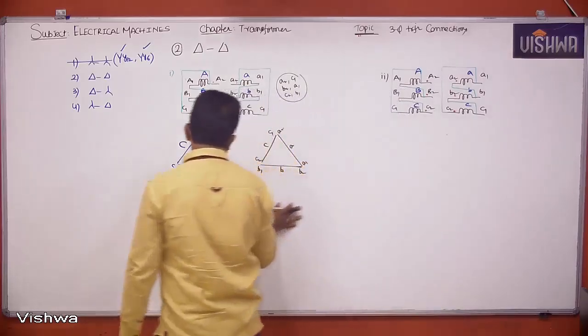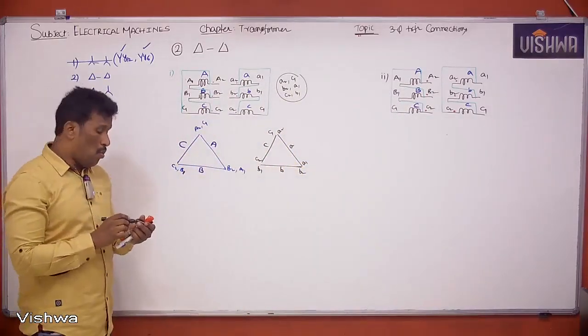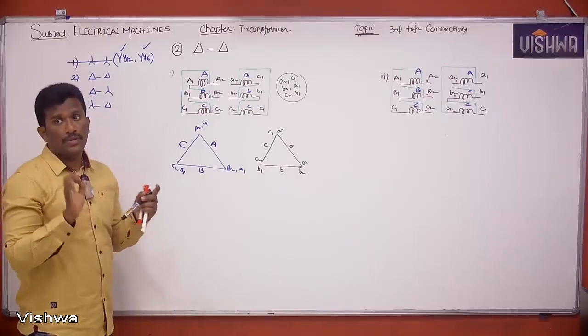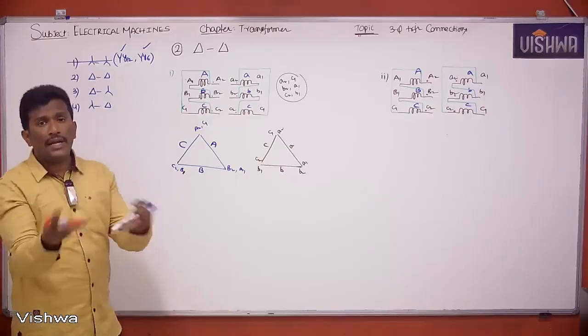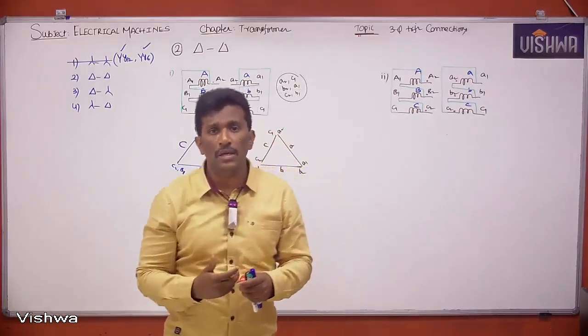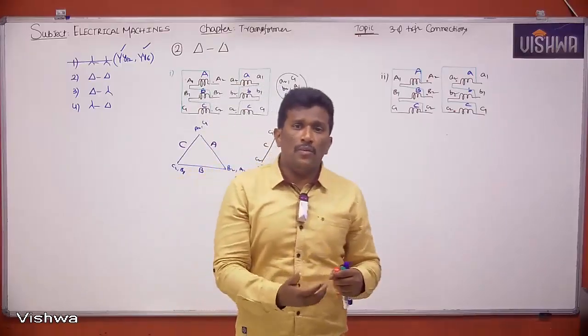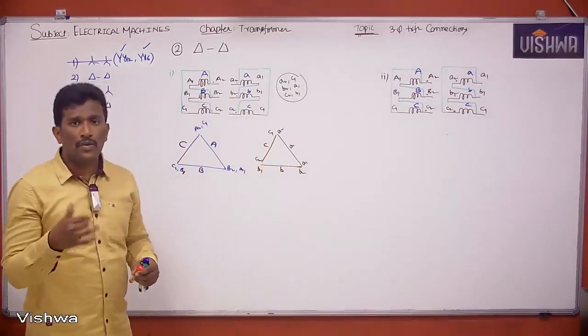Now, after the secondary vectors are drawn parallel to the primary, what do we have to do? Very simple. If connections are in delta, we cannot compare line voltages directly. Why are we drawing connections? For knowing the angle between the secondary line voltage and the primary line voltage. Delta connection means phase voltage equals line voltage.